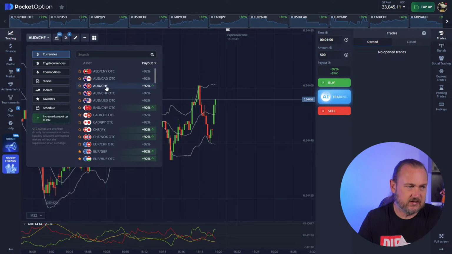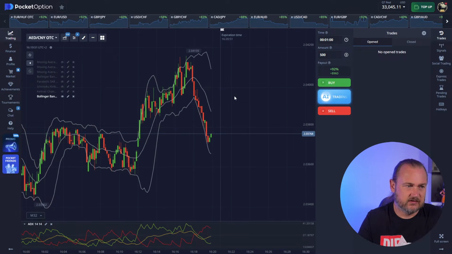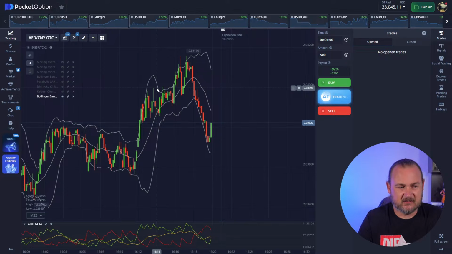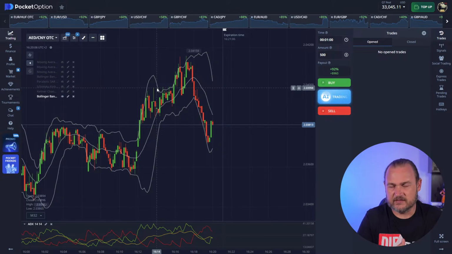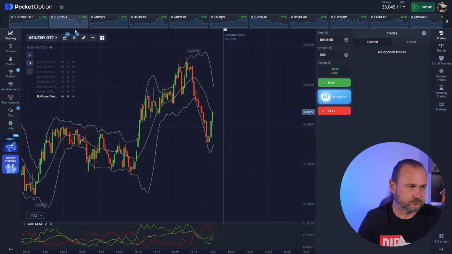And like I said, I look for the crossover, and we look for the squeezes, and then the ADX spikes, combining them with ADX spikes. But you can combine the Bollinger Bands with other indicators as well. A lot of indicators work very, very well with the Bollinger Bands.